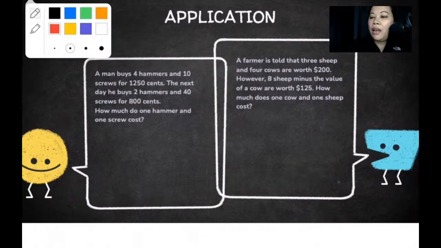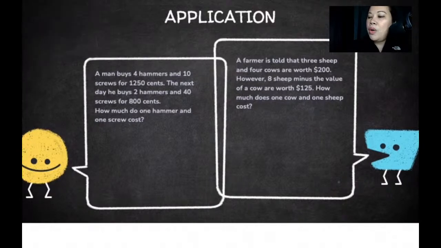So that means we have 2 unknowns here. So when we write down equations for simultaneous equations, there's always 2 unknowns.